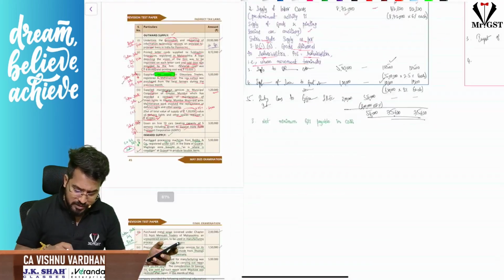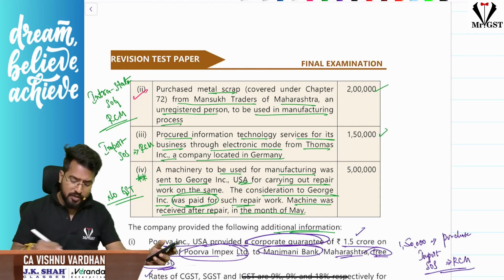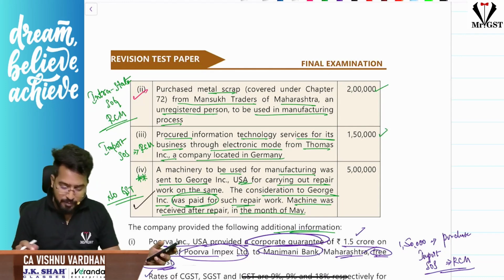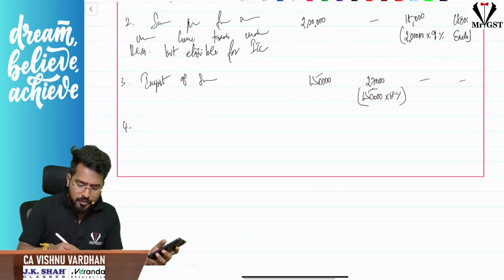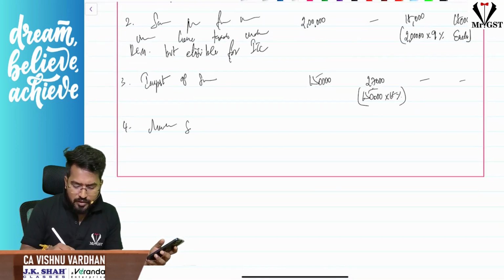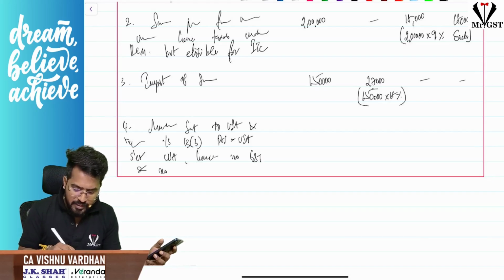So 3 purchases are done. We are left with the last purchase: a machinery to be used. So we have understood this is not at all a supply, correct? If you remember. So write down there properly the reasoning. Machinery sent to USA and repair services are provided there. Under section 13 subsection 3, place of supply is USA. Supplier is also there in USA. Hence no GST and no ITC thereof.